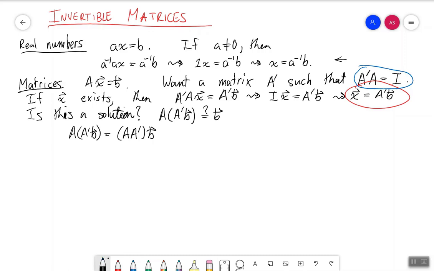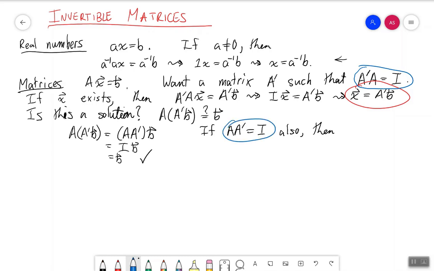So I'm going to actually add in one more condition. If A times A prime is equal to I also, then this is going to be I times b, which is equal to b, and we would win. So this condition I also want. I can't just use this condition here, I also want this condition.